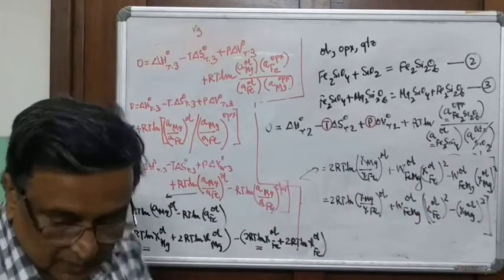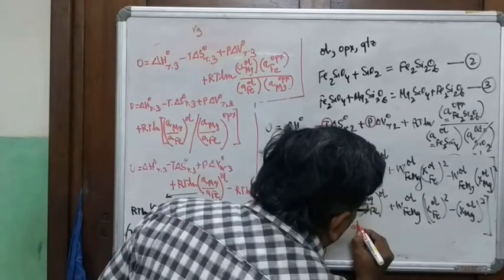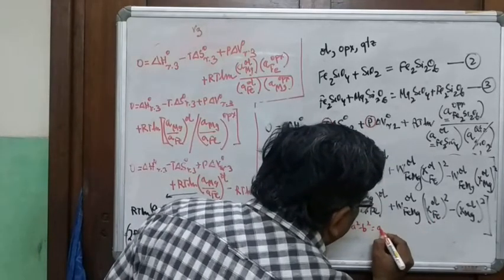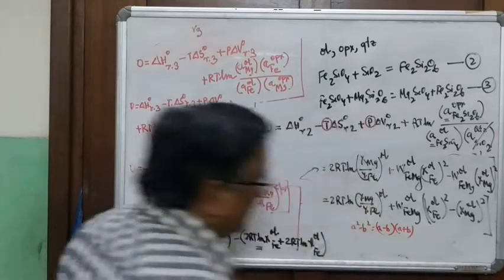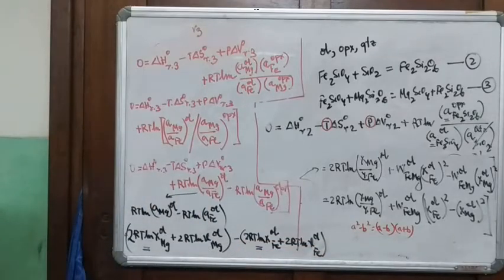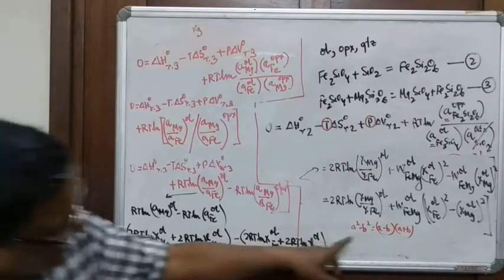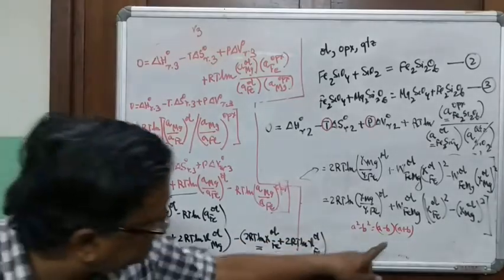Now you see, this term here is a square minus b square, which is a minus b into a plus b. But a plus b is equal to 1, because XFe olivine plus XMg olivine is equal to 1.